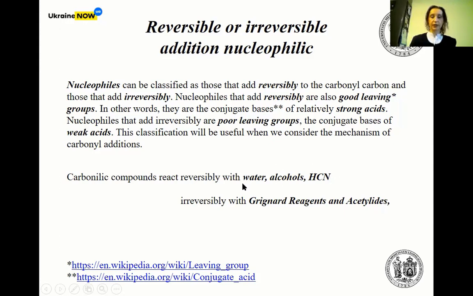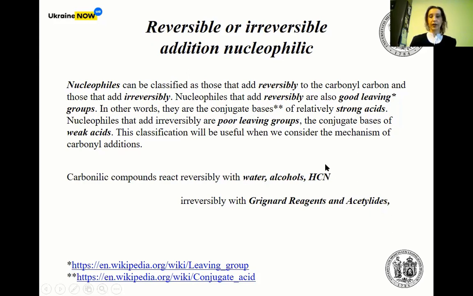This means that these compounds form weak nucleophiles, and we need to increase the strength of the carbonylic compounds in this reaction by addition of hydrogen. In case of water and alcohols, we can add a proton.